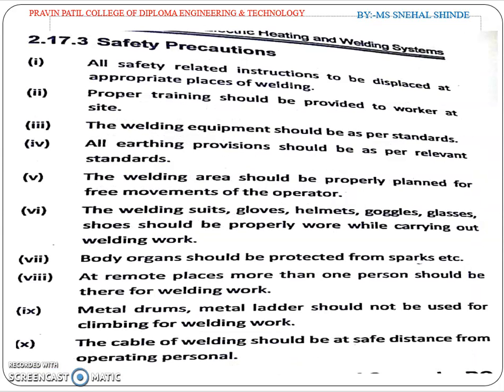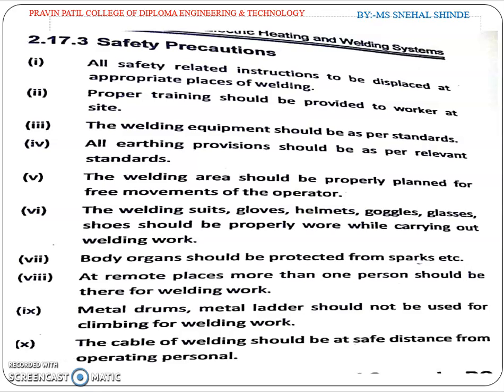Next are the safety precautions to be taken while doing welding work in a system. First, all safety related instructions should be displayed at appropriate places of the welding, so that the safety rules and how to follow the safety instructions are known while preparing the welding work.